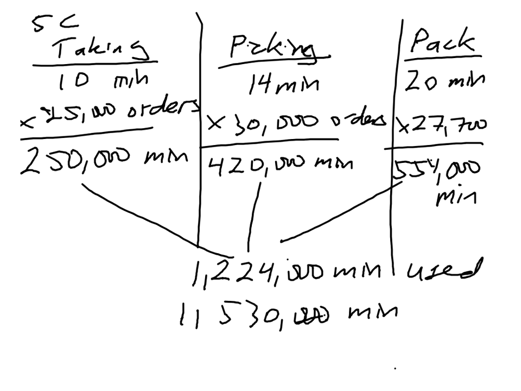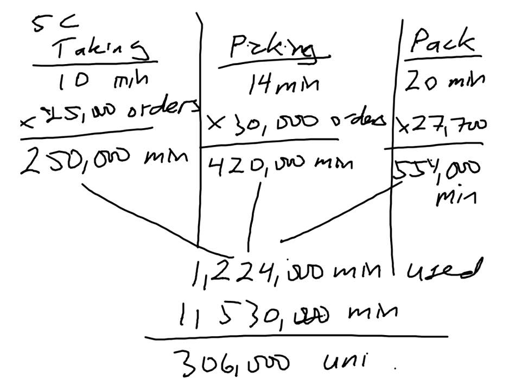So if you had 1,530,000 minutes that you could use, but you only used 1,224,000, that means that we had 306,000 unused minutes. All right, so that's going to be your answer to part C, 306,000.